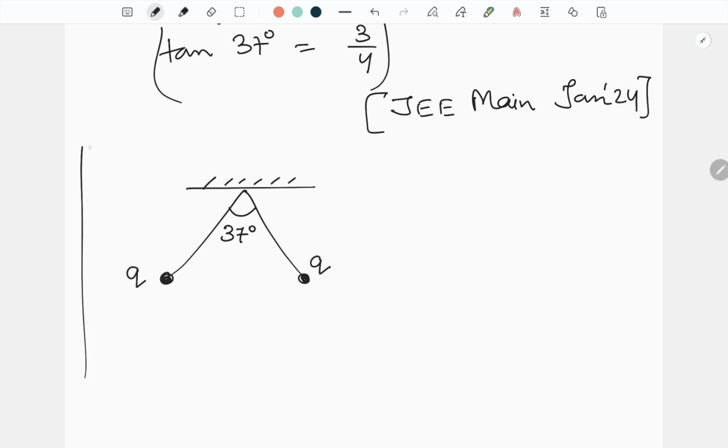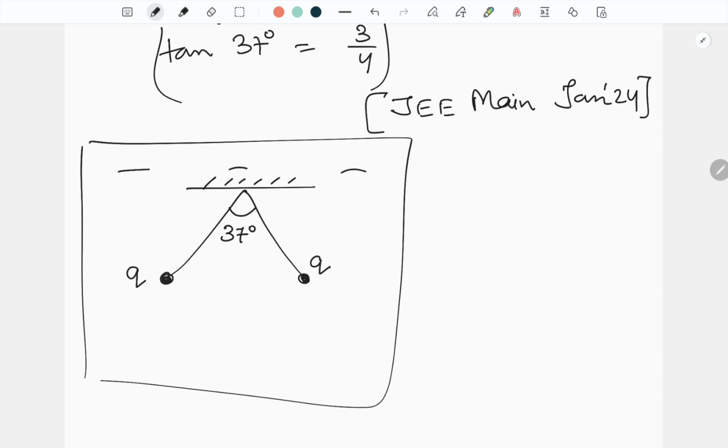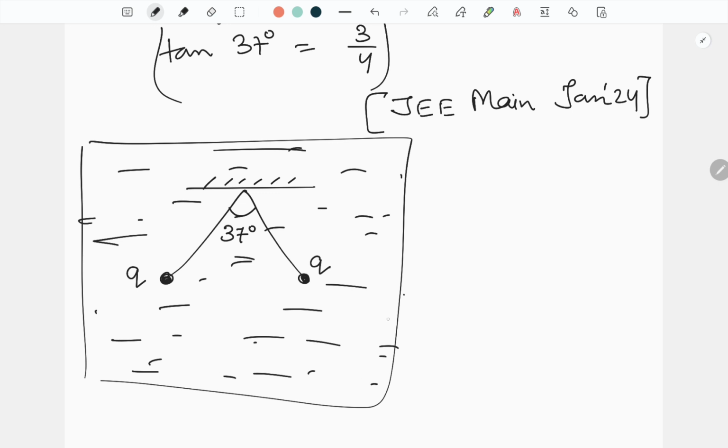Now this whole thing, when you put it in a container of a liquid of density 0.3 gram per centimeter cube, this angle remains the same, that is 37 degree.